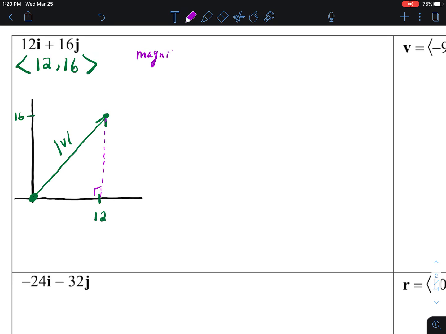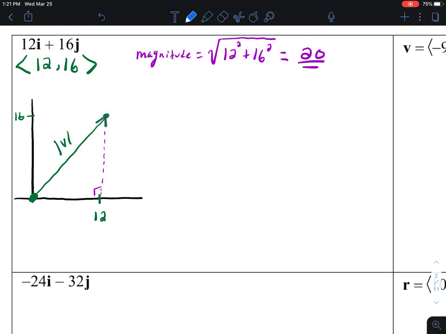Magnitude of a vector would equal the square root of 12 squared plus 16 squared, which would give me my answer there. And so that would be 20. So I have a magnitude of 20.